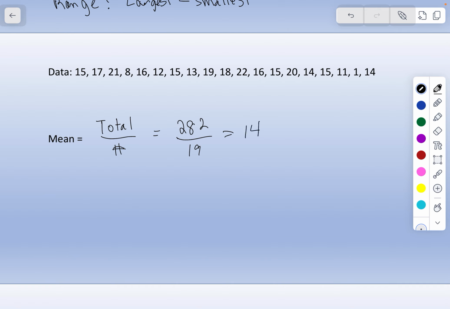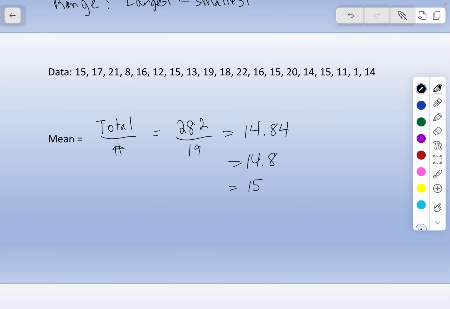And when rounded to the nearest 2 decimal places, or hundredth, it would be 14.84. Tenth, 14.8. And nearest whole number would be 15. So you have to look at how they want their answer written, okay?